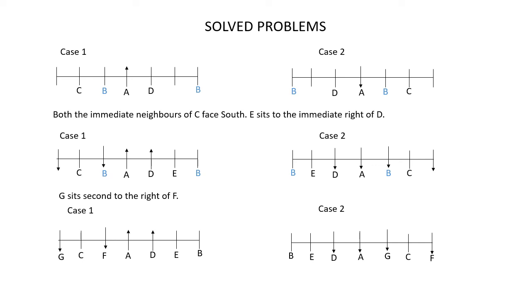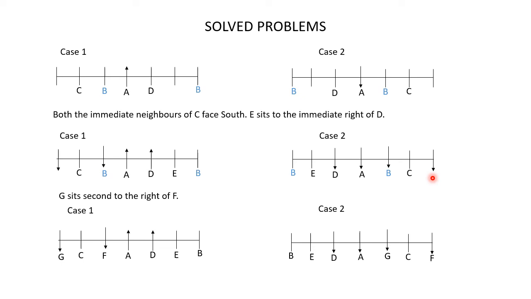In case 2, F cannot sit here because if it faces north, then the second to the right of F will be this position, which has already been occupied by D. So G cannot sit here. If F faces south, then there is no position second to the right of F. This also cannot be the position for F because second to the right of F is already occupied by D. So the only place left for F is this place.